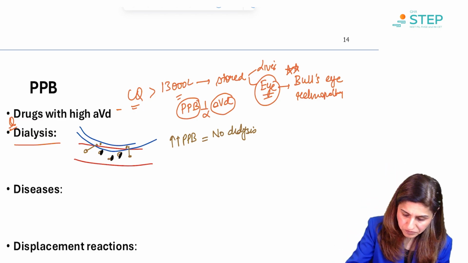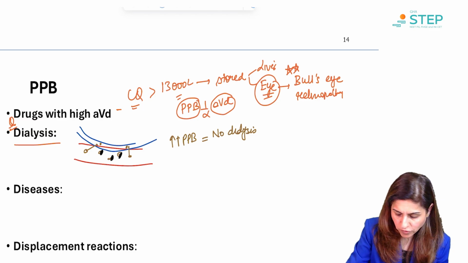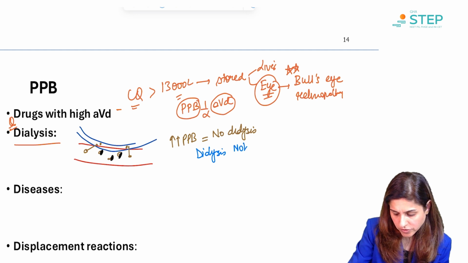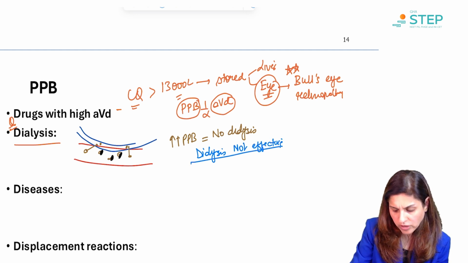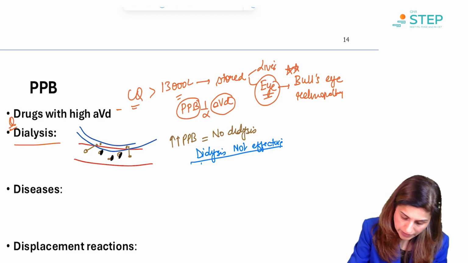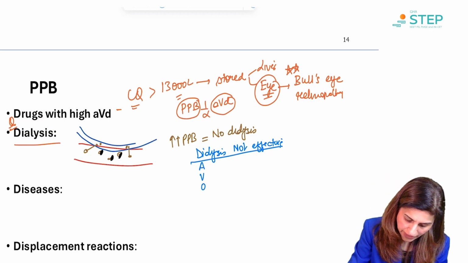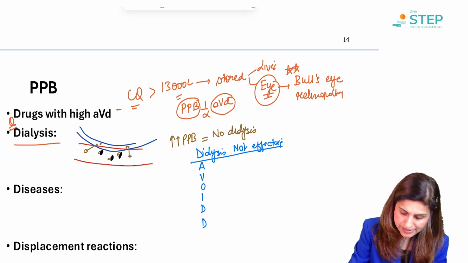So remember, the drugs for which dialysis is not effective. You can remember another mnemonic here, that is AVOID dialysis, right?